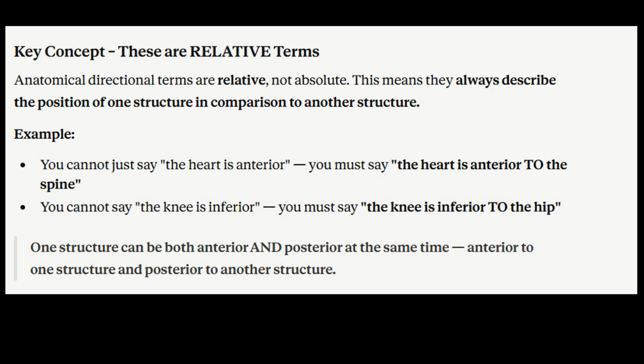So always remember this key concept, that it is relative, and one structure can be both anterior and posterior. If you don't know what anterior and posterior are, don't worry, I'll explain these terms in the upcoming session in a very detailed manner, but for now just keep in mind that this is a key concept.